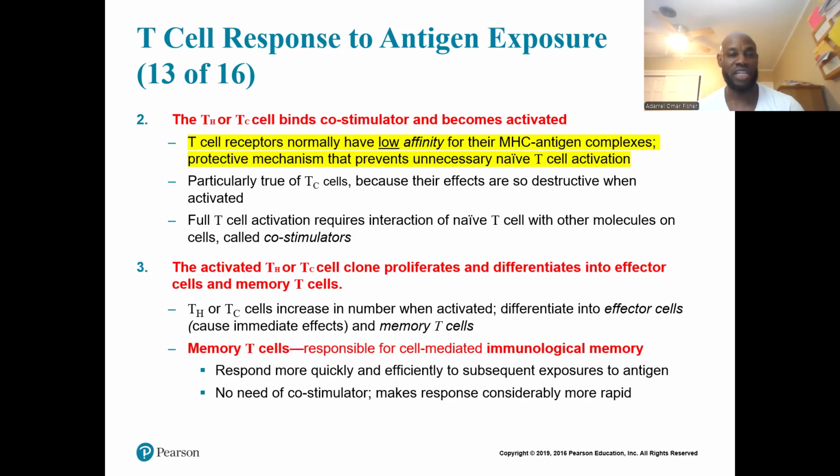The helper T cell or the cytotoxic T cell binds the co-stimulator and becomes activated. The activated helper T or cytotoxic T cell proliferates and differentiates into effector cells and memory T cells. This is where we get that memory response. Those memory T cells are responsible for cell-mediated immunological memory, right?